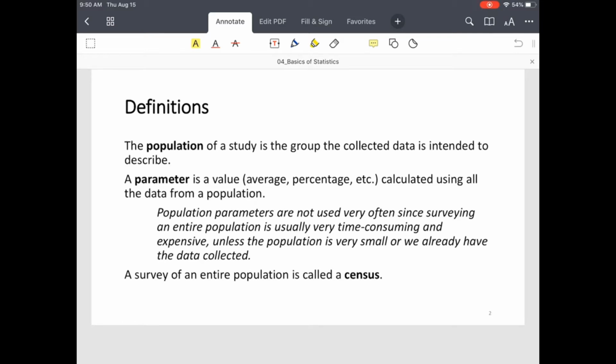In most cases, it's not economical to study an entire population. When you study the entire population, that's called a census. But again, in most cases, we won't study an entire population.